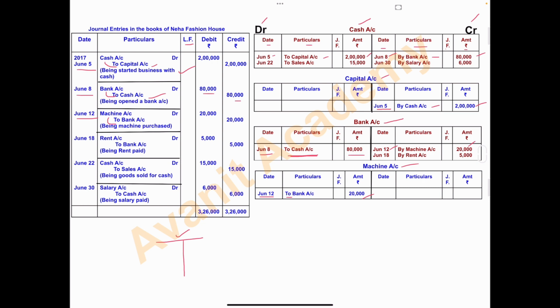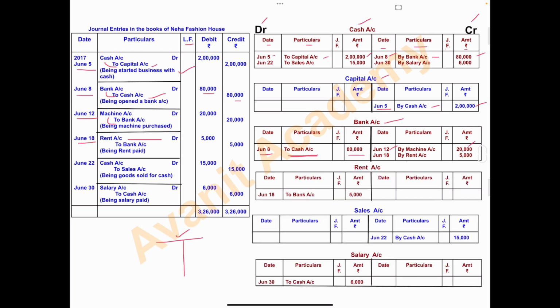On June 18, rent account debited to bank account. So here we have to prepare the rent account, and the bank account we have already prepared. So let's prepare the rent account. Rent account is debited. So the debit side, right, on June 18.